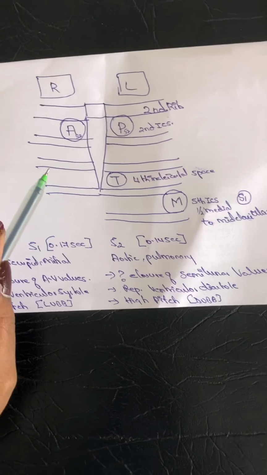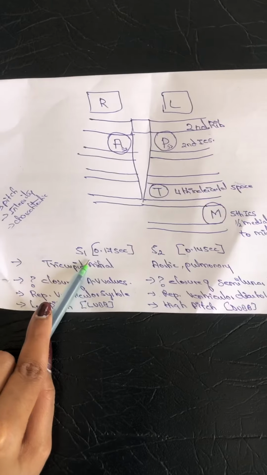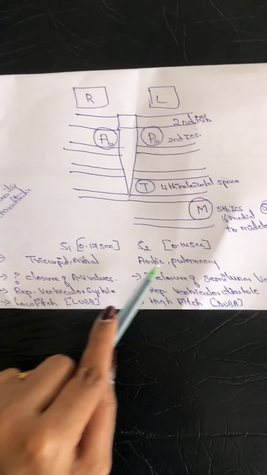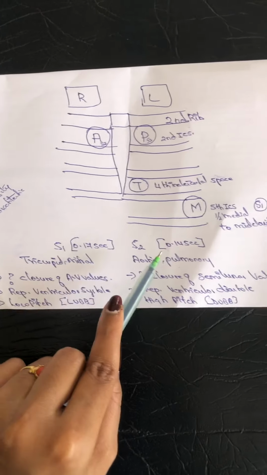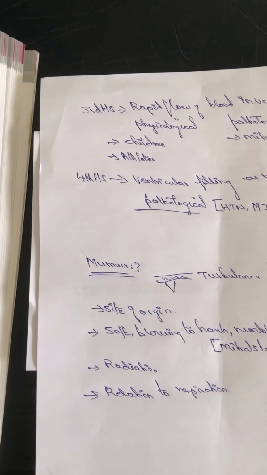What are the heart sounds? Normally, physiologically, there are two types of heart sounds. One is the S1 heart sound and second one is the S2 heart sound. You have to know the differentiation between S1 and S2. The next question will be, what are the other heart sounds? Before that, you should know what are the conditions where S1 is increased.